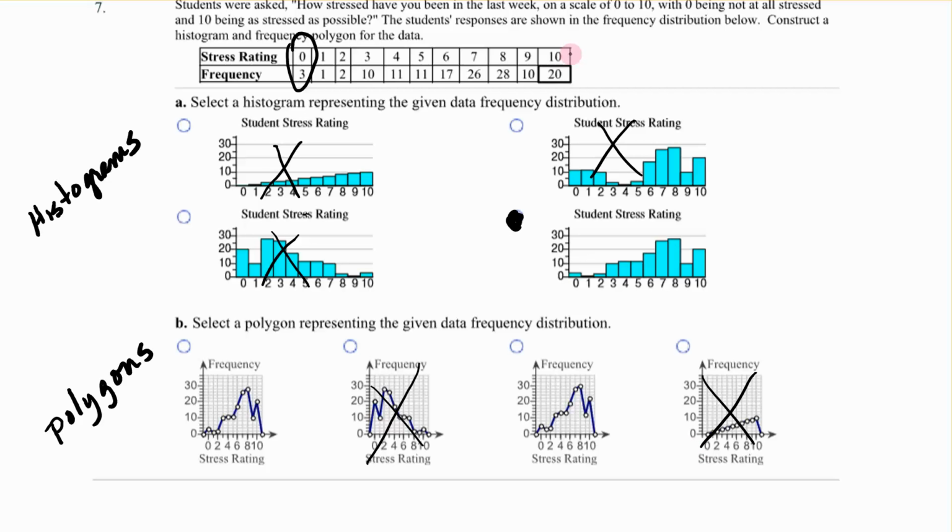Let's look at stress rating 10. There should be up to 20. So 10, go up. That one's at 20. 10, oh, that one's at 20 also. Let's back up. Let's look at stress rating of 9. That looks like it's about at 10. So they both look the same. Where do these two differ? And we'll check there. 1 and 2.